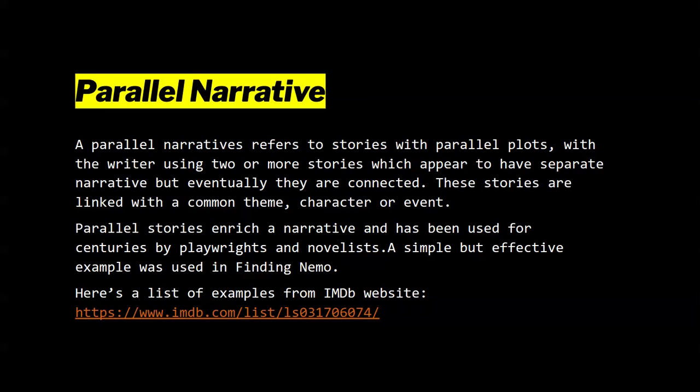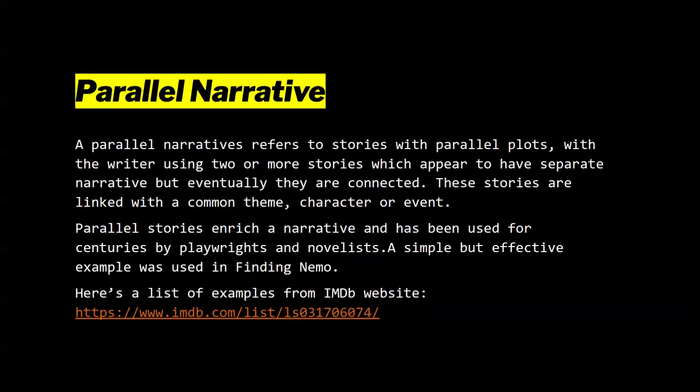Or they could be connected through a common theme, like grief or a new beginning, or an event, like a tragic car crash, or going to the same university or college or school, or they haven't seen each other in ages, so they decide to catch up, or they're going on a date.